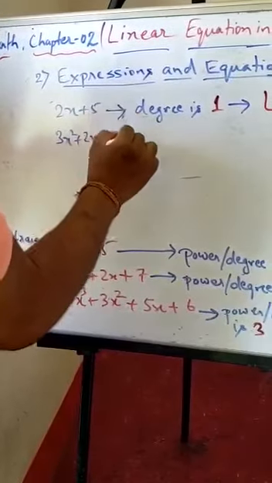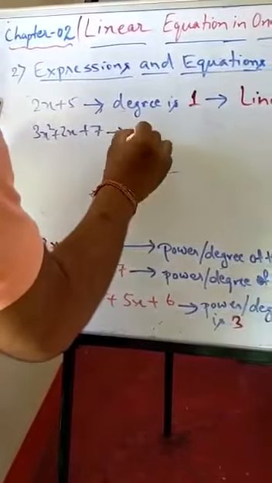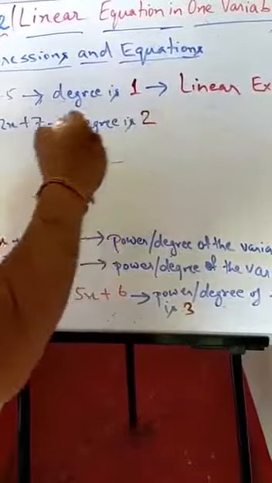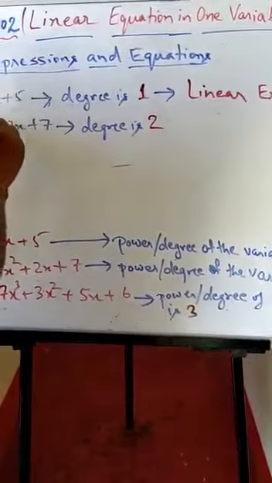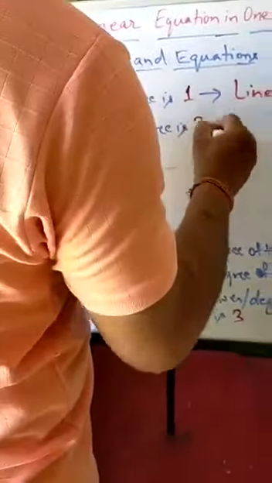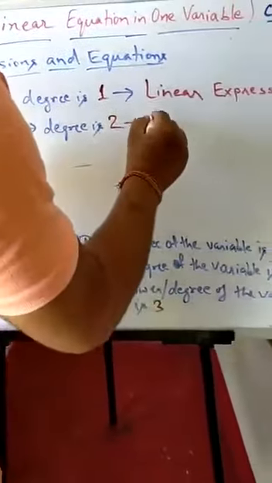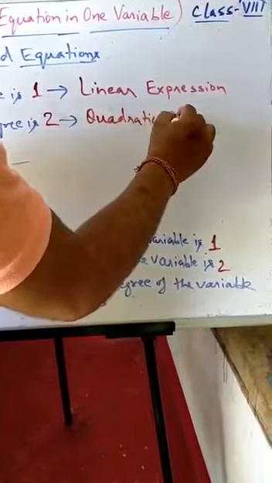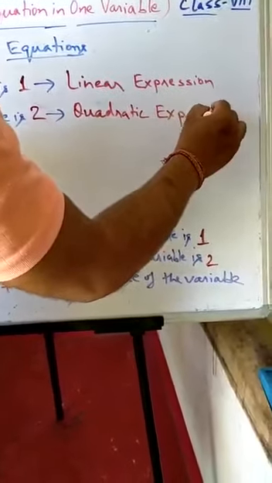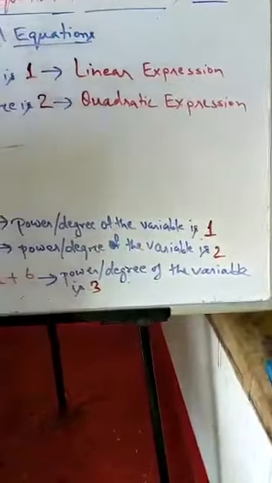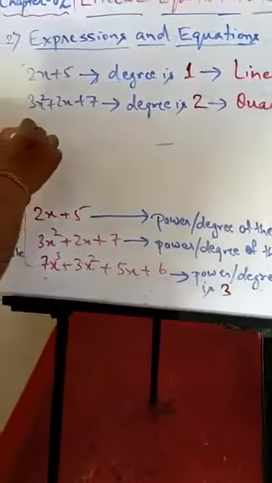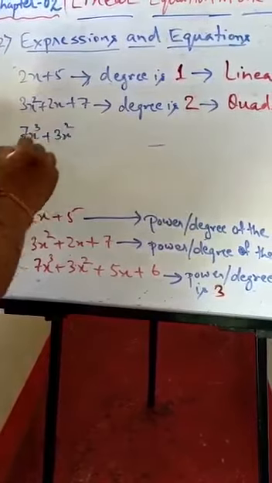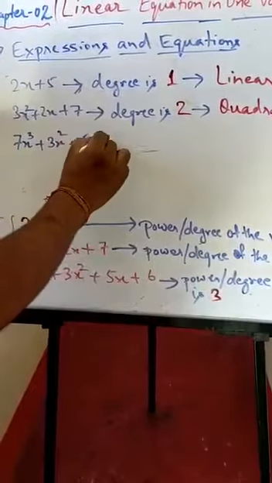The degree is 2, so this is known as a quadratic expression. Last I have written 7x cube plus 3x square plus 5x plus 6.